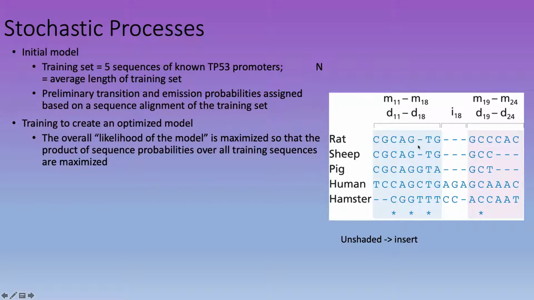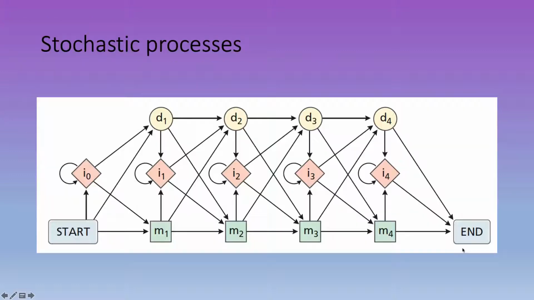Over time, I'm going to train this model to create an optimized model. So I'm going to generate a likelihood of each model. The likelihood of the model is continually maximized so that the product of the sequence probabilities over all training sequences is maximized.